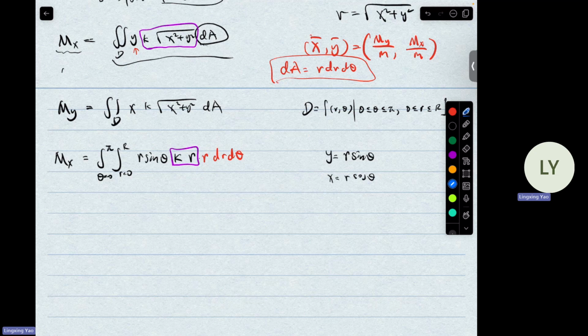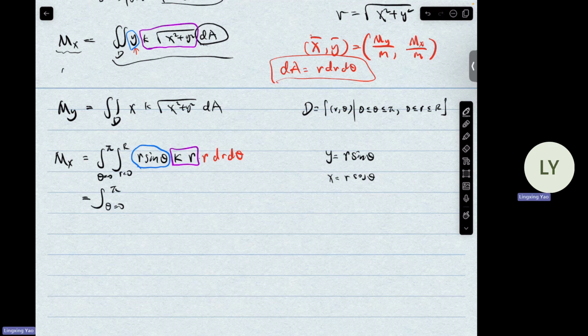All right, and then here y is r times sine theta. So the three pieces are translated into polar coordinates exactly. All right, so now let's look at this. So we have r squared, actually r cubed.